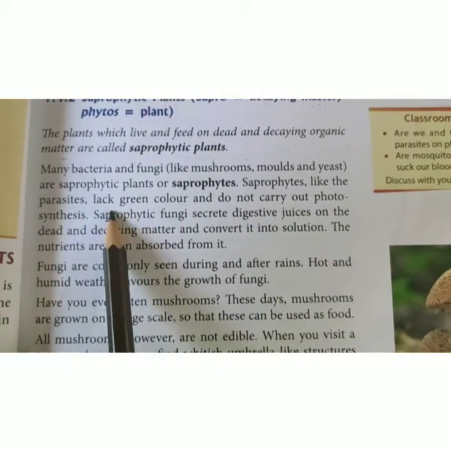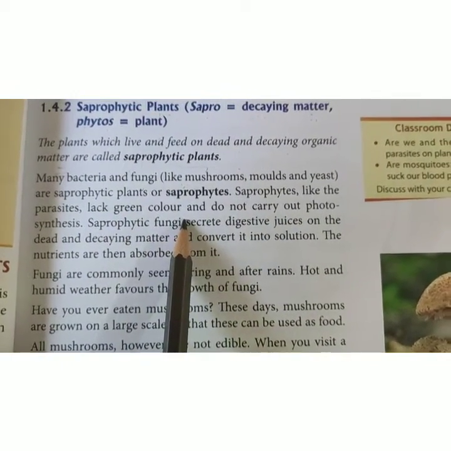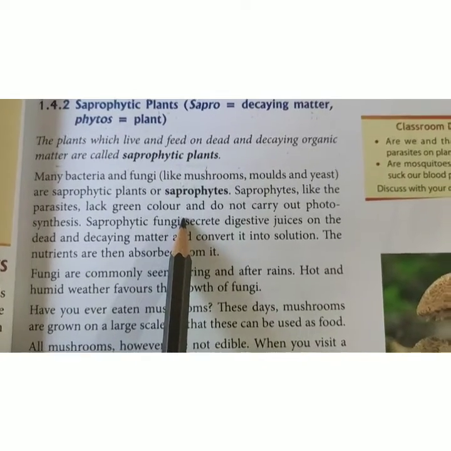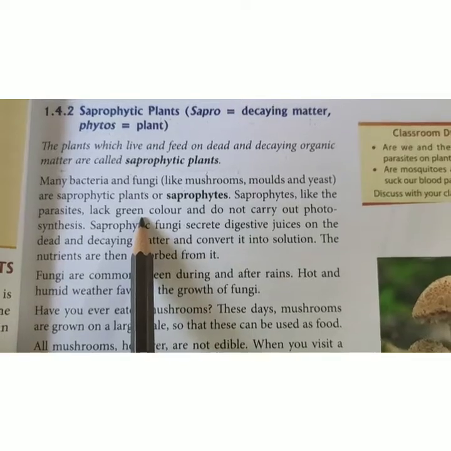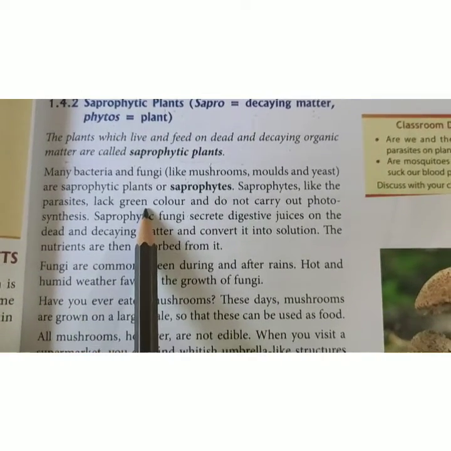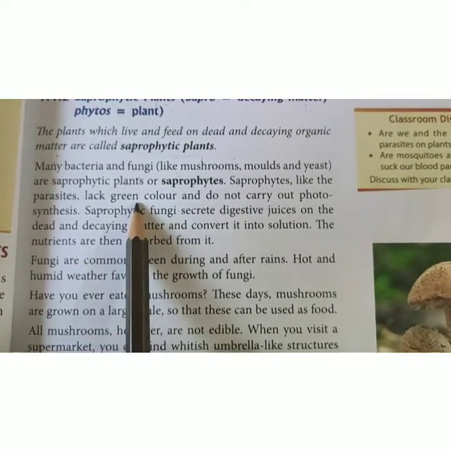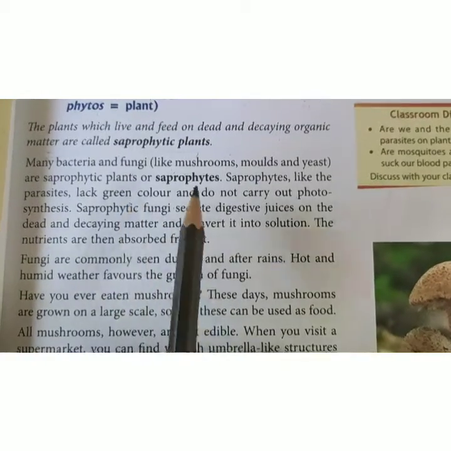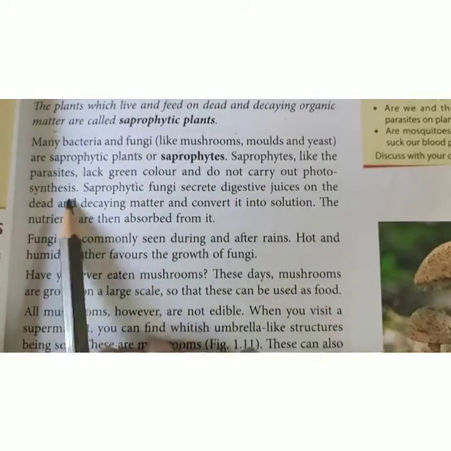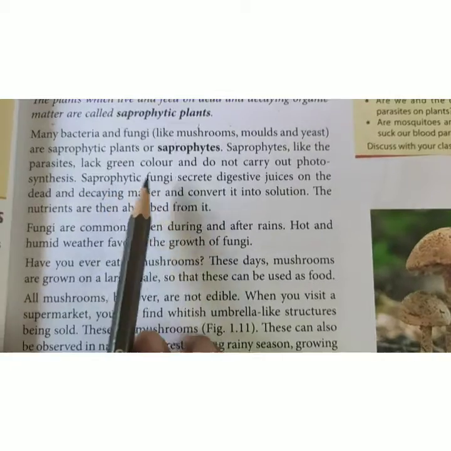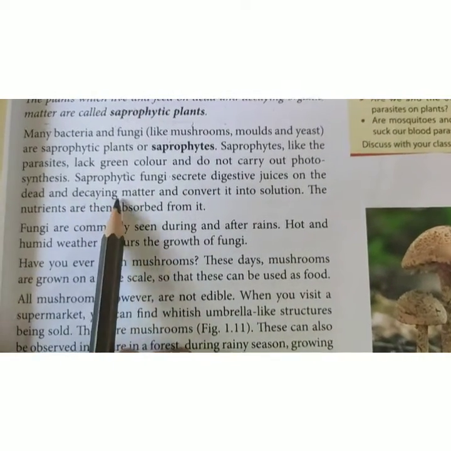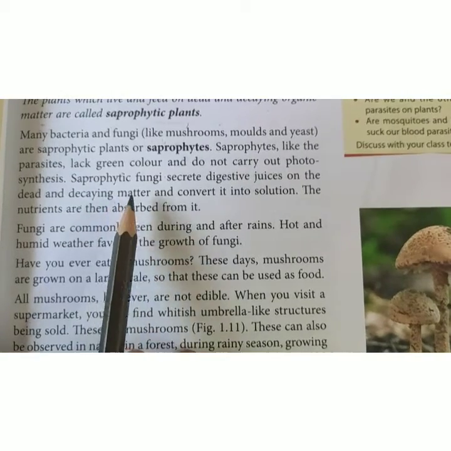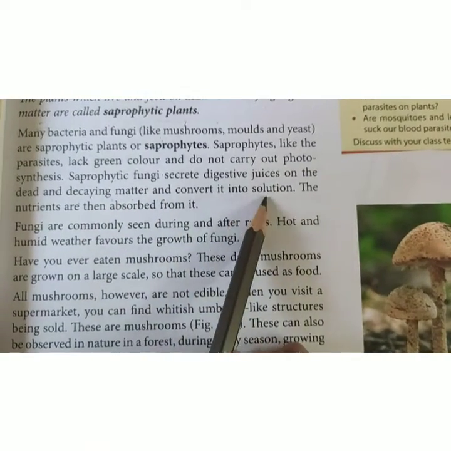Saprophytes, like parasites, are also not green in color. You have seen that mushrooms are either white or light brown in color. The ones that grow in the wild are brown, otherwise the ones which you eat are white. And they do not carry out photosynthesis. Saprophytic fungi secrete digestive juices on the dead and decaying matter and convert it into a solution.